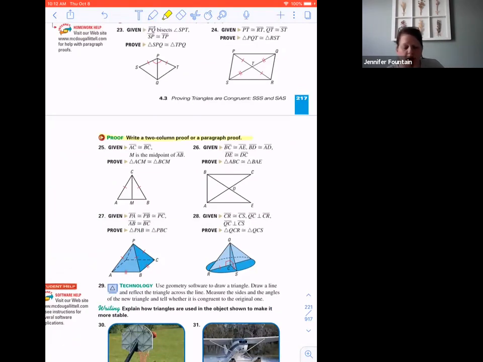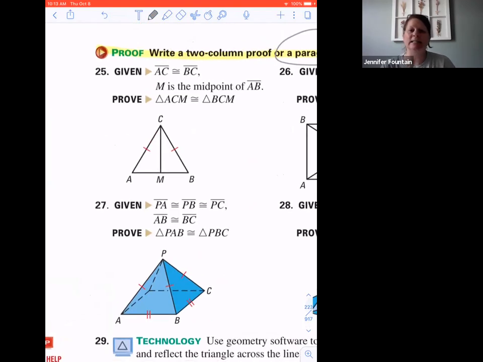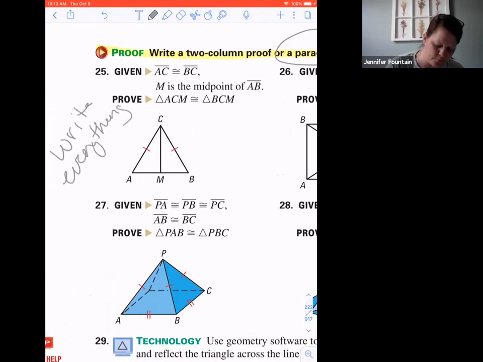Okay, so it says to write a 2-column proof or a paragraph proof. What I want you to do is in paragraph form, I just want you to write everything you know about those. Okay, I want you to dissect these diagrams, okay, and then just write everything you know about each diagram.